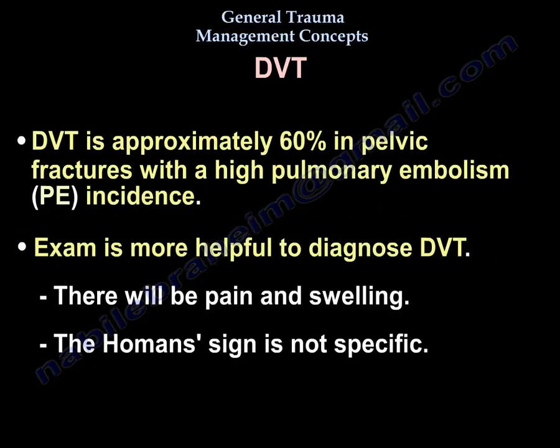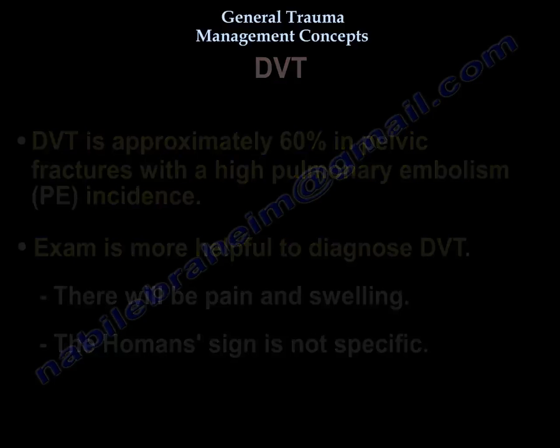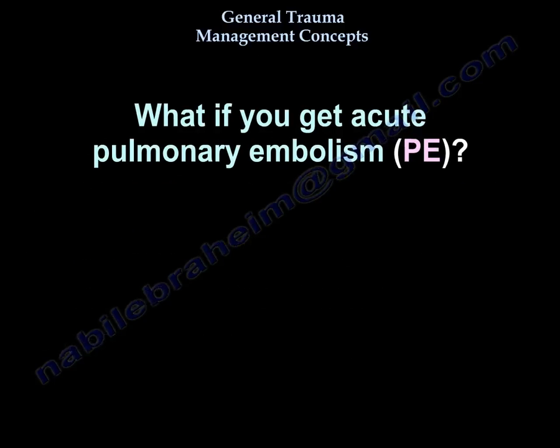DVT is approximately 60% in pelvic fractures with a high PE incidence. Exam is more helpful to diagnose DVT. There will be pain and swelling, and the Homan sign is not specific. What if you get acute PE?